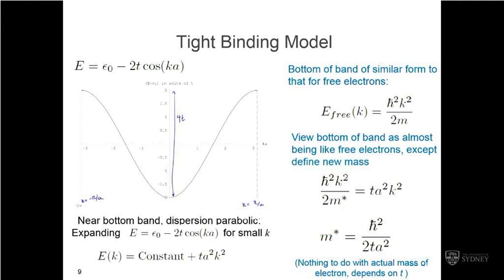So if we expand this equation for our curve, for small k near the bottom of this curve, then we can get this expression here. This can be approximated to this expression. Okay. Why and how?